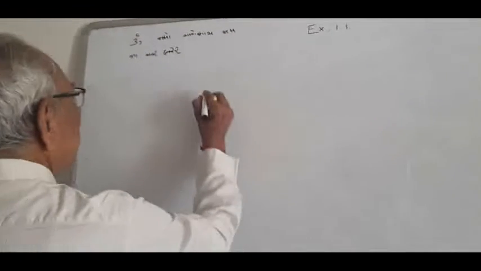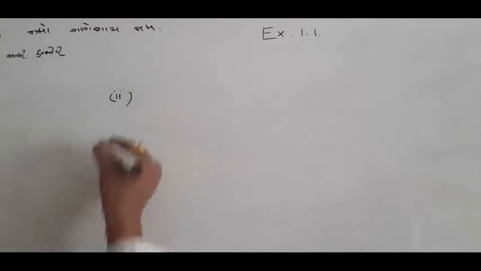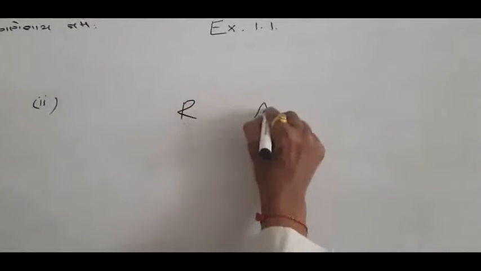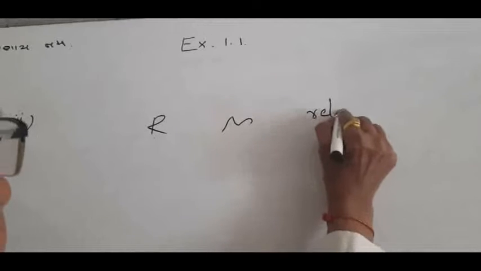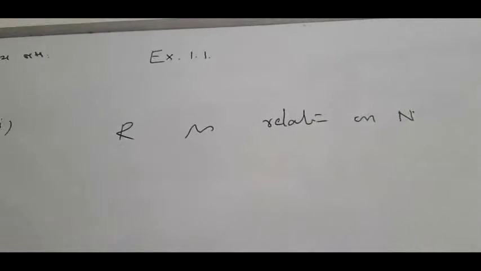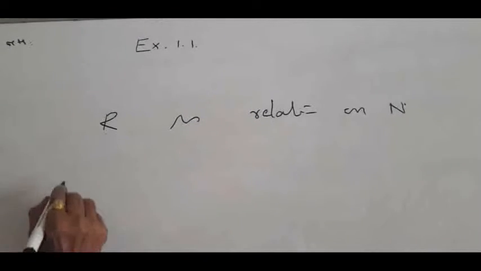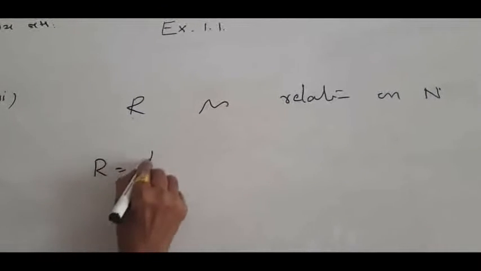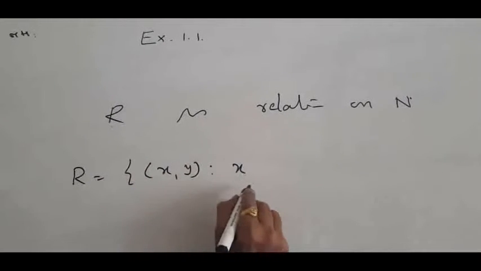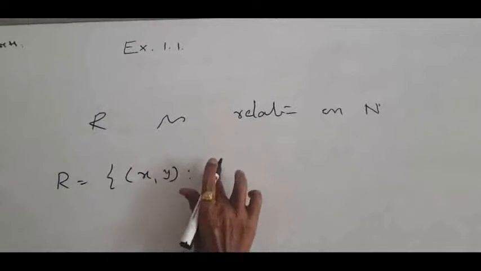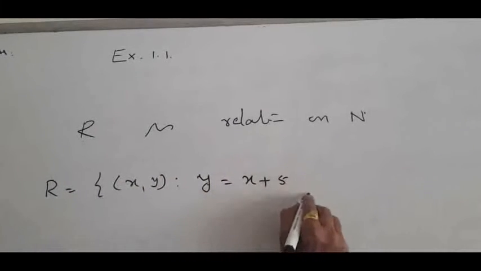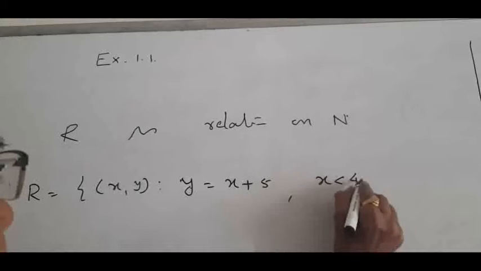Here in the second sum, they are given R is a relation on N, where N is the set of natural numbers, and R is equal to the set of all (x, y) where y is equal to x plus 5, x is less than 4.